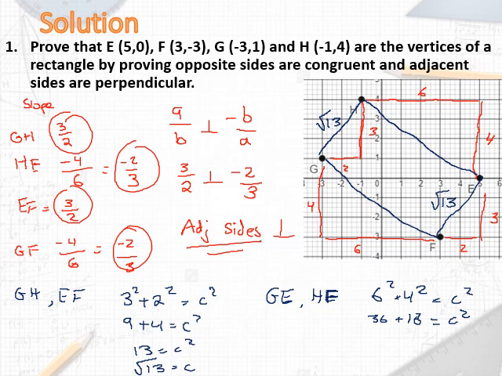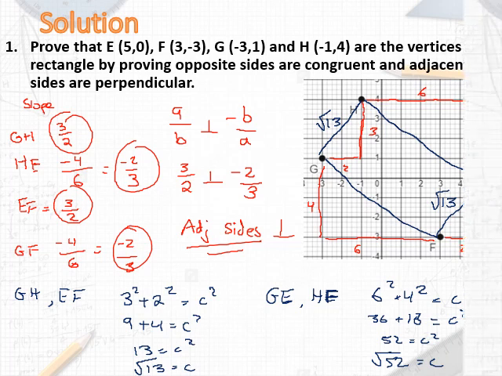My handwriting's getting better, guys, but it's still not great yet. 52. So square root of 52 is going to be our C value. Once again, we will be able to make these smaller and simpler eventually, but at the moment we're going to leave it as is. That's going to be something that will pop up in our trig unit. So we're done. There's our opposite sides are congruent and adjacent sides perpendicular. This must be a rectangle.